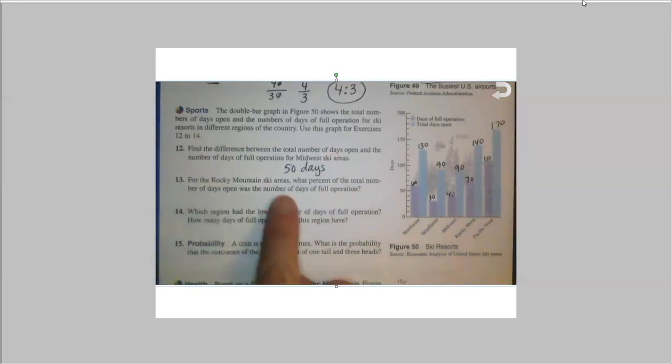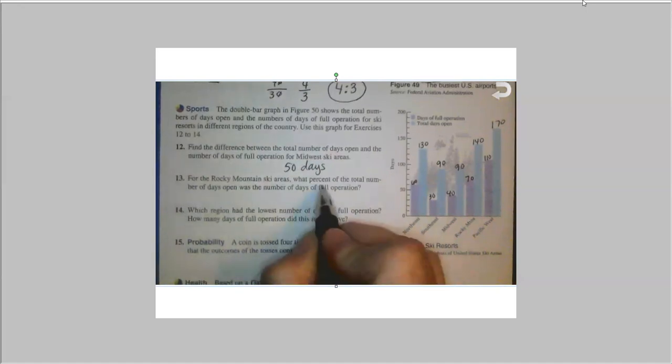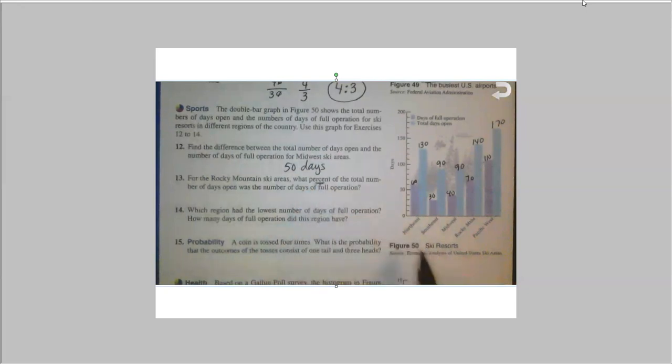All right, for the Rocky Mountain ski areas, what percent of the total number of days open was the number of days of full operation? Okay, so this time I'm looking for a percent. So Rocky Mountain, here we go. It is in full operation 70 of the 140 days.